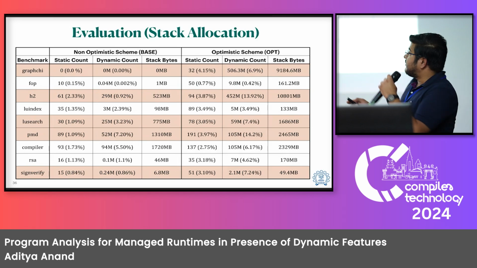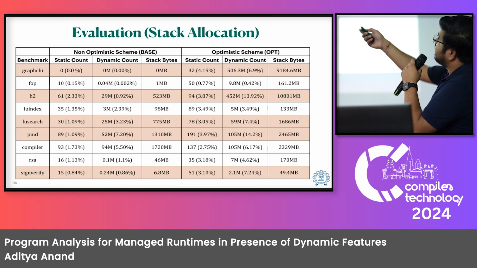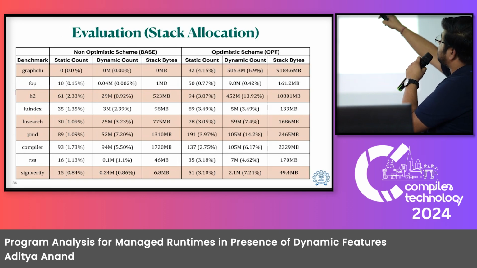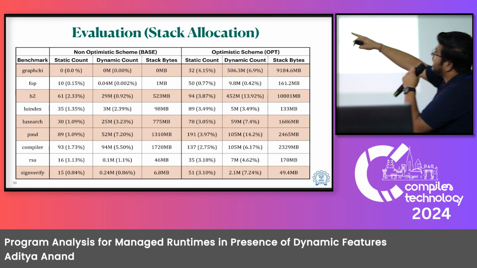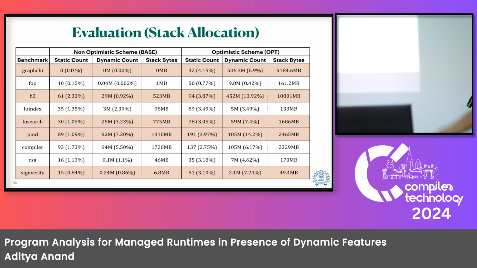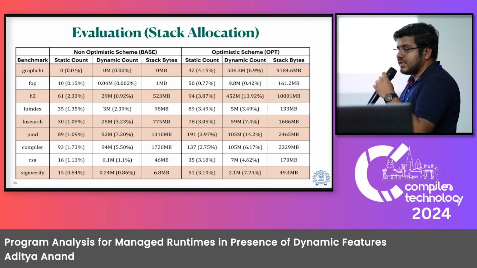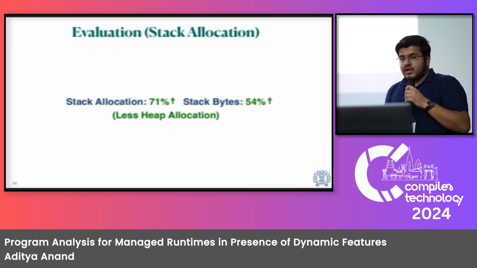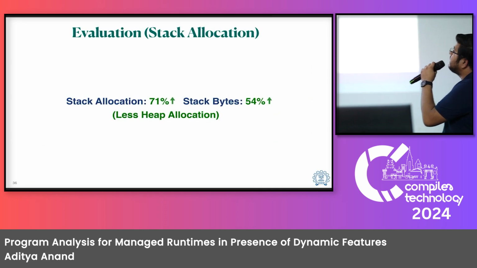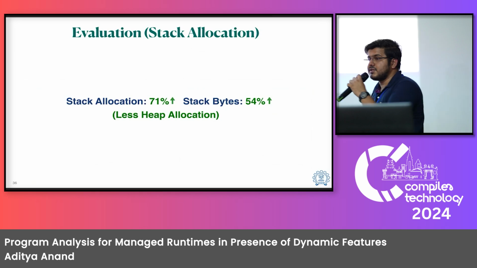For a benchmark like H2, the static count increased from 61 to 94, but the dynamic count increased from 29 million to some 452 million. We saw similar improvements for other benchmarks as well. Overall, the stack allocation improvement was 71%, and the stack bytes improved by 54%.